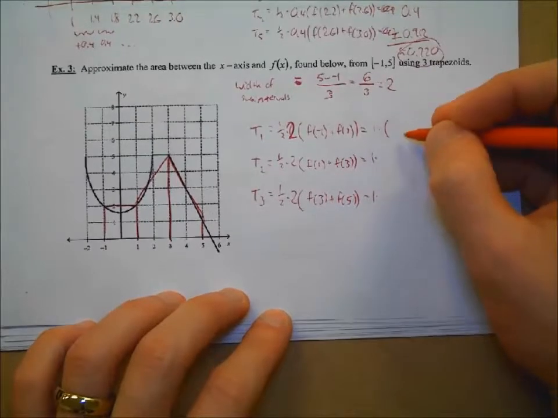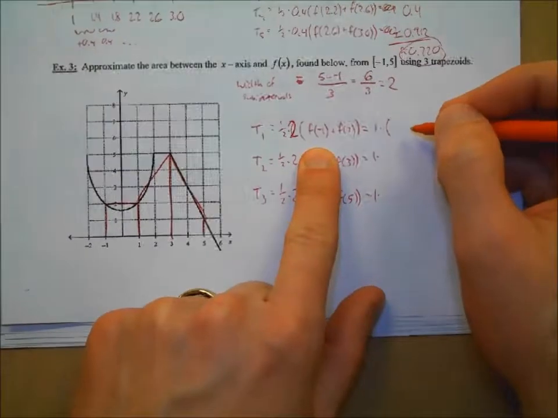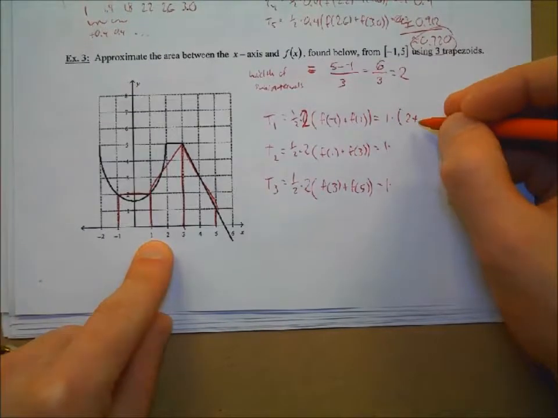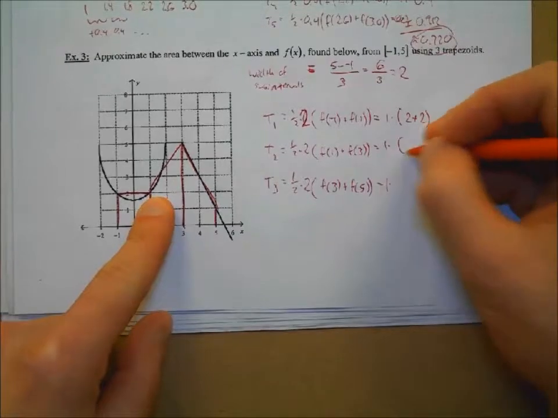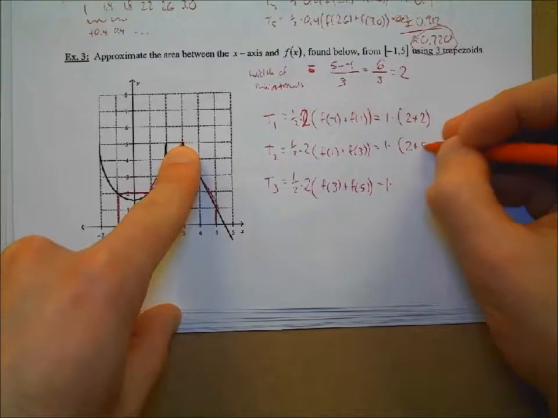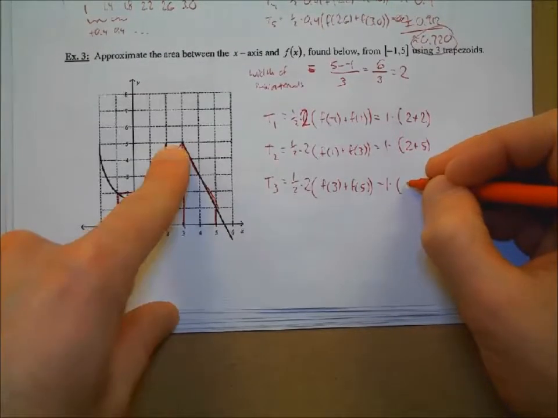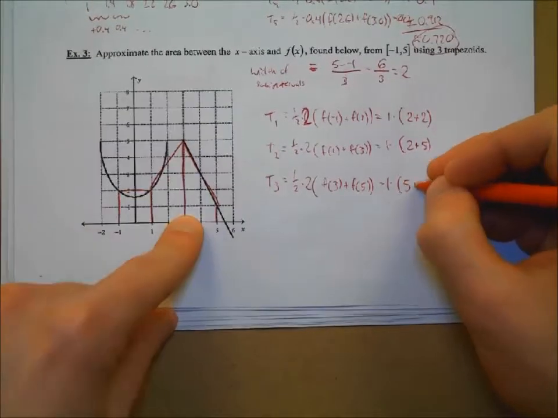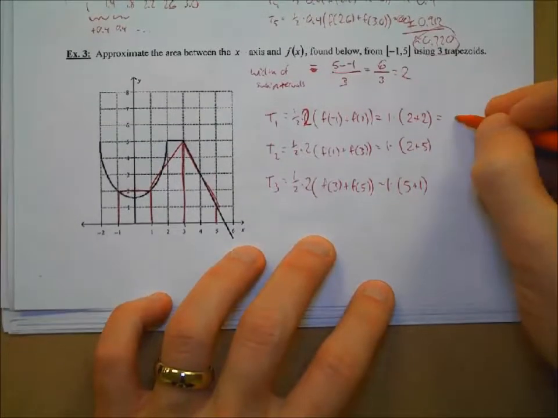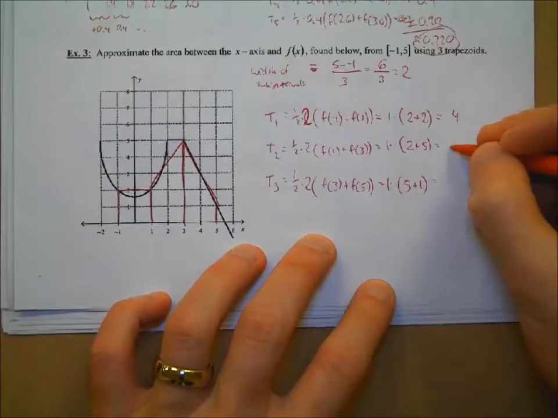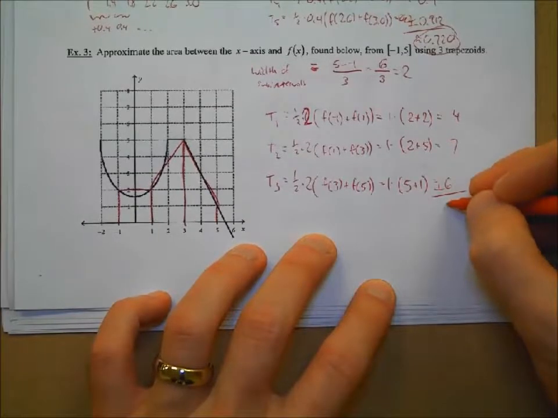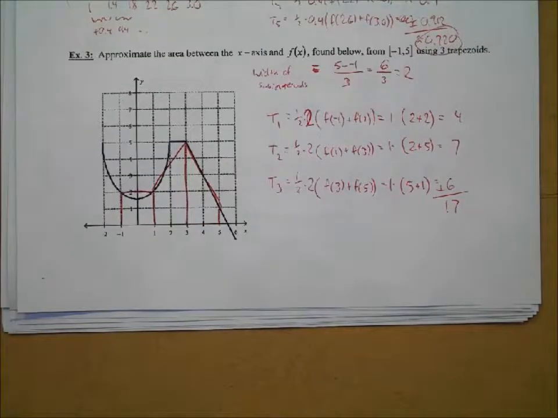And then f of -1, what is that value? 2, right? Just look at the graph. The y value is 2. f of 1, also 2. f of 3 is 5. f of 3 again, 5, plus f of 5, which is 1. So we get 4, 7, and 6. We add those all up, and we get 17.